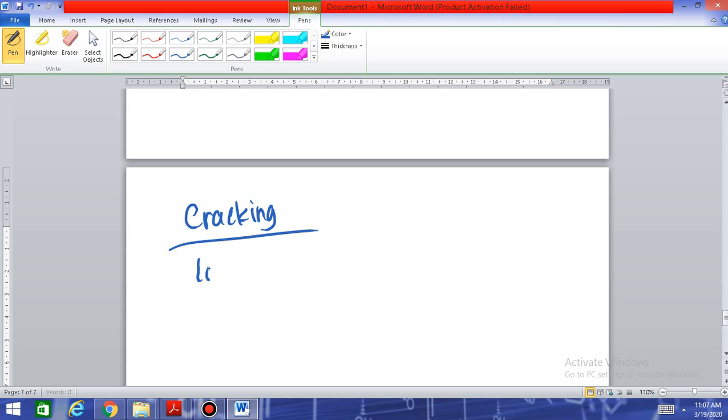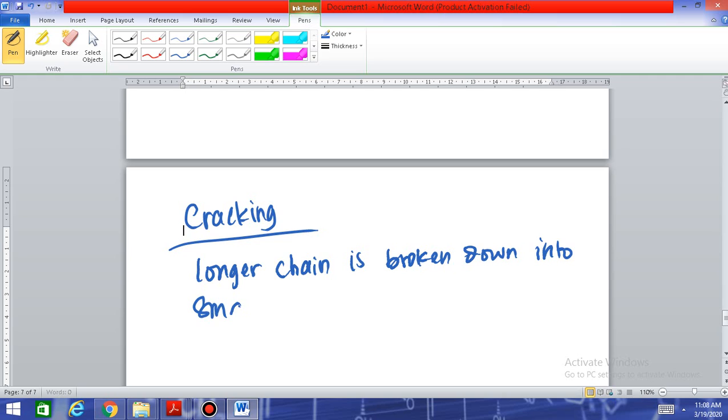The longer chain is broken down into smaller chains or shorter chains. The larger molecule is broken down into smaller molecules.